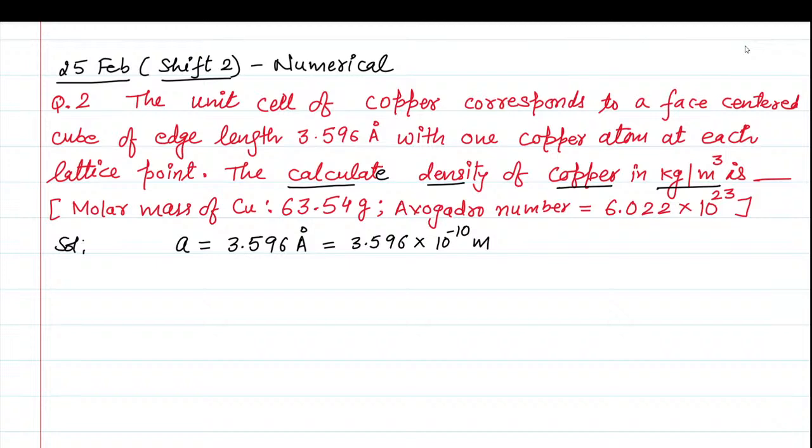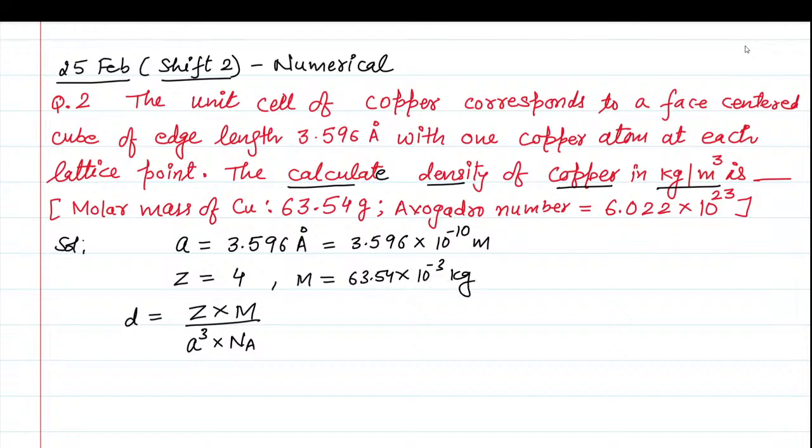If it is FCC, then Z is 4, and what is density? Z into M divided by a cube into Na, right? And the molar mass is given to you, that is 63.54, but it is required in kilograms.